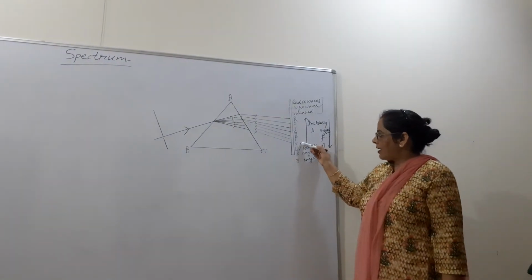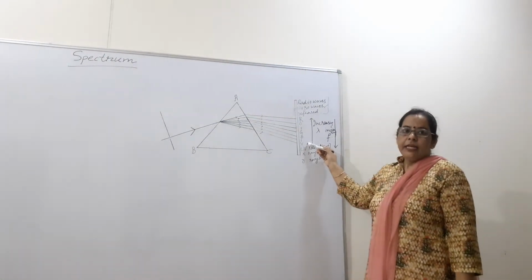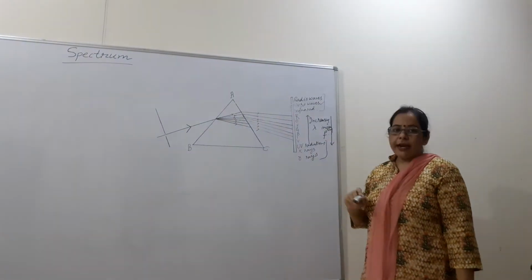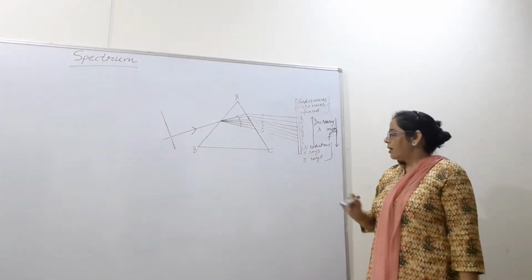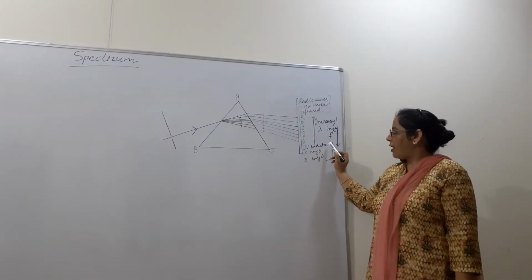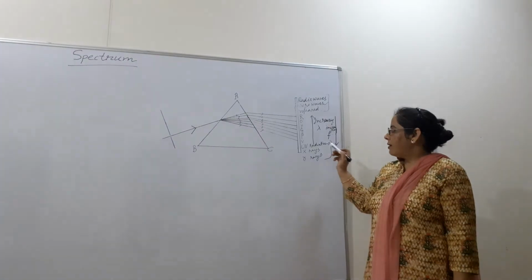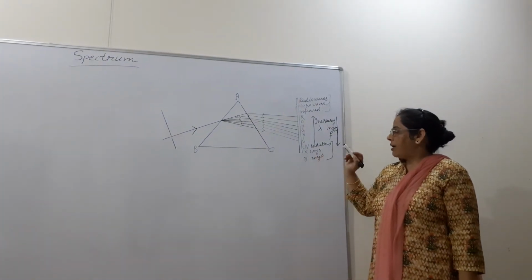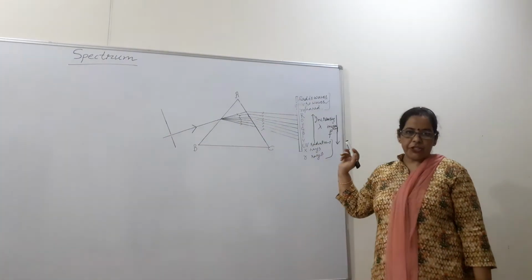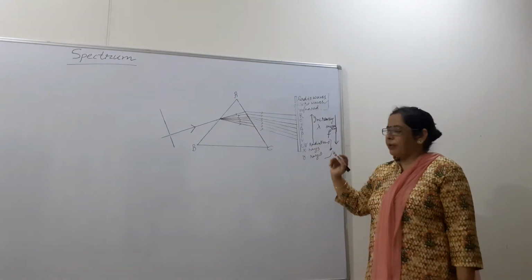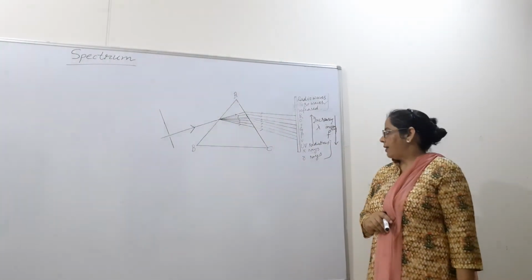But as he crossed the violet color, the color of the solution changed. Now why was that color changed? It means surely there are some chemically active radiations, and he named them UV radiations because they were coming after the violet color.